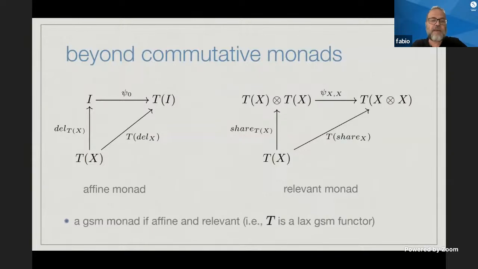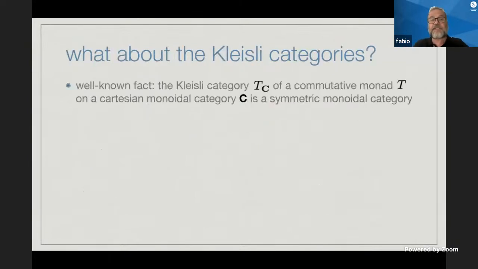And of course, a GS monad if it is affine and relevant. That's to say, basically, T is a lax GS monoidal functor. So far, we are still just playing with terminology, but there is something interesting now.